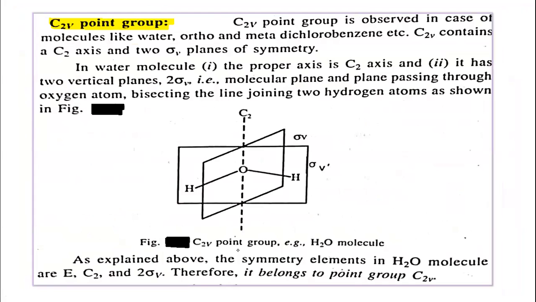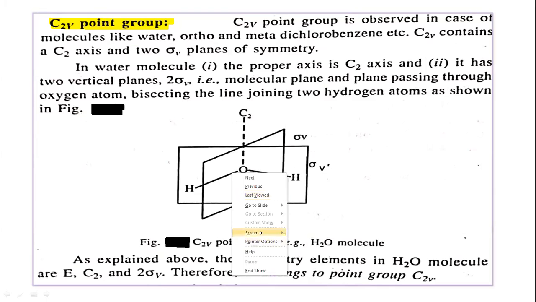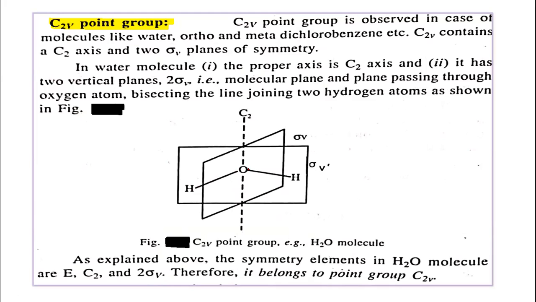Now let us take another example belonging to the C2V point group, a C type of point group. A very good example is the water molecule. This is the structure of the water molecule. It has an angular shape. The vertical line passes through the oxygen atom.